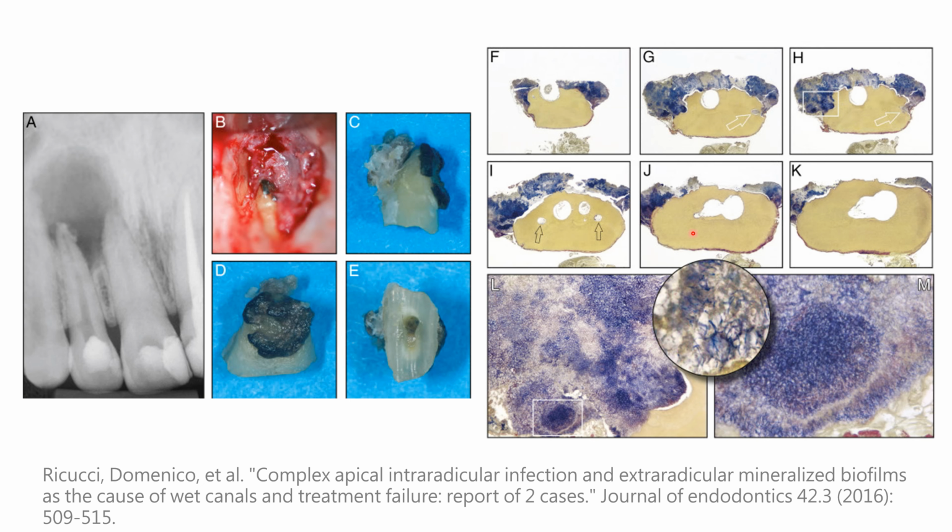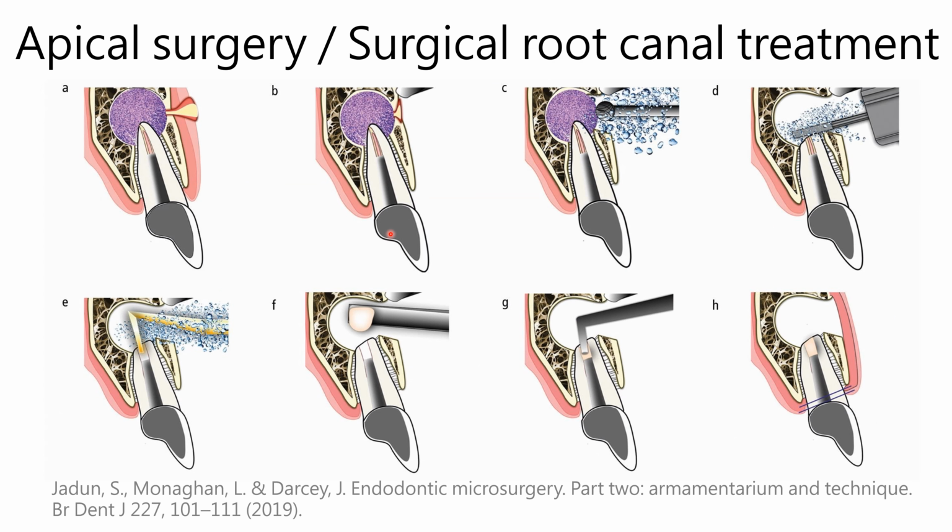So in this kind of case, we need to do the apical surgery. So here is the apical surgery. We will reflect the flap, remove the apical lesion, and cut the root tip, and use an ultrasonic tip to remove the gutta percha and the infection source at the apical. And we will fill the apical with some kind of MTA, like some kind of bioceramic.